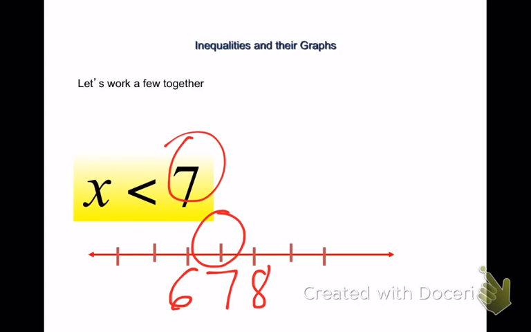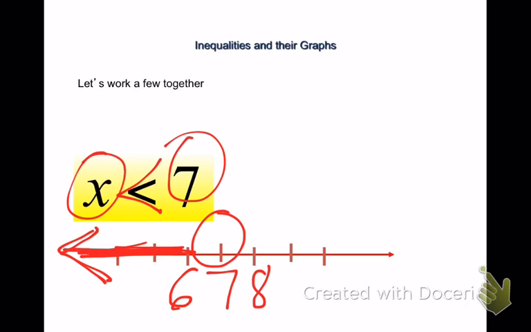And then instead of shading to the right, I'm now going to shade my number line to the left, because in this case, the solution set is any number that is less than 7. Again, my arrow helps somebody that looks at my number line to know that the solution set is anything smaller than 7.